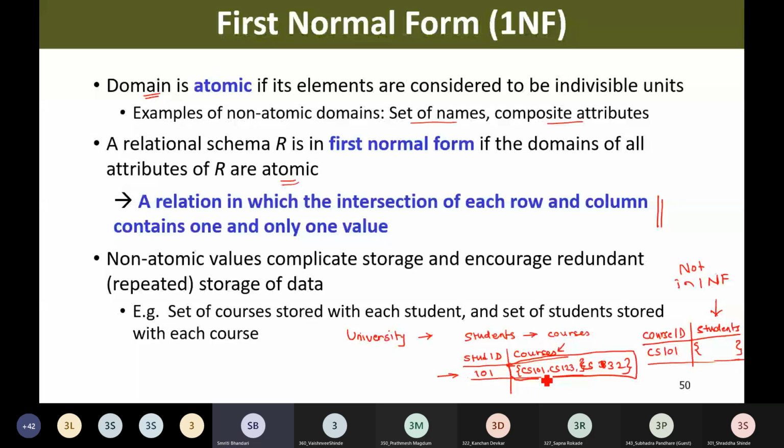Or in other words, a relation schema R is in first normal form if the intersection of row and column of the relation contains one value. By designing a database, the very basic requirement is that our relations should be in 1NF.